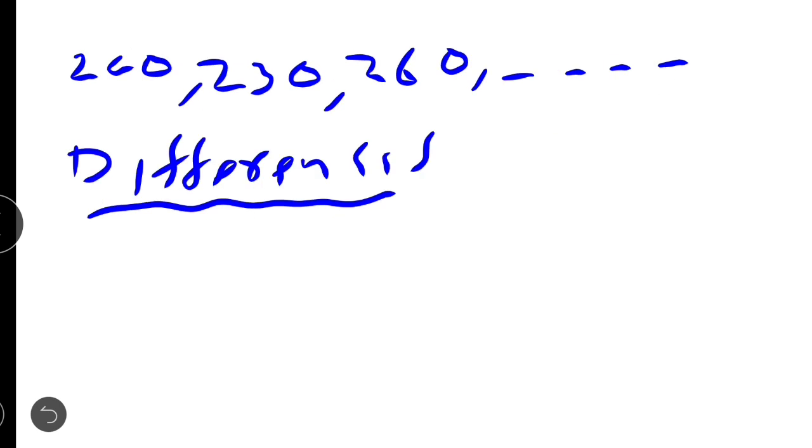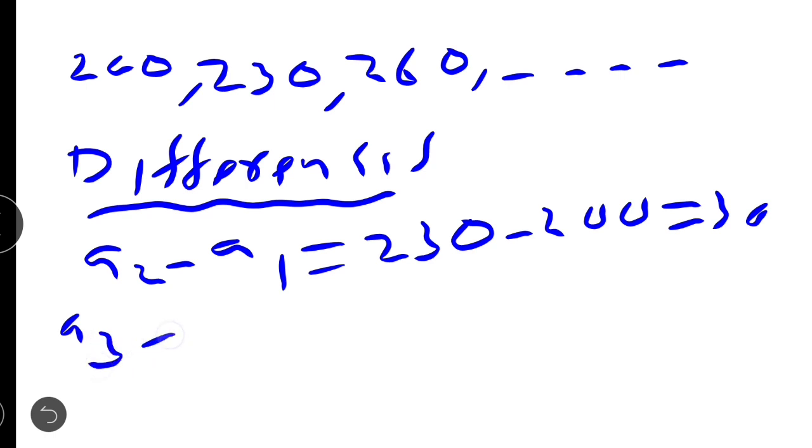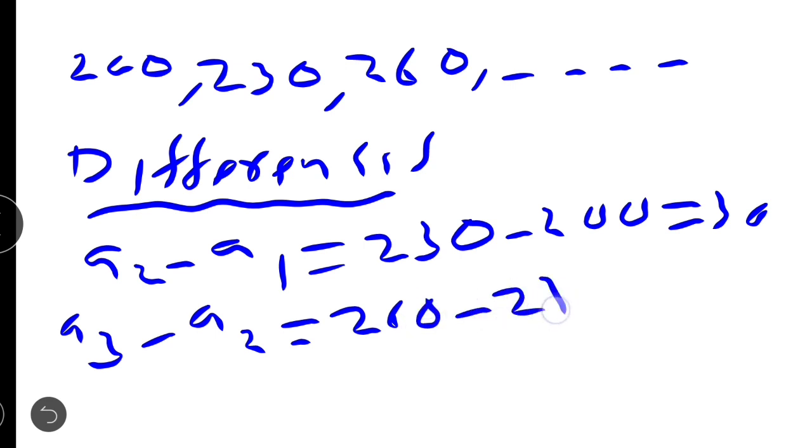Now let's verify whether this list of numbers forms an AP or not. First I am finding the difference A2 minus A1. So 230 minus 200 equals 30. Next A3 minus A2. So A3 value 260 minus 230 is 30.